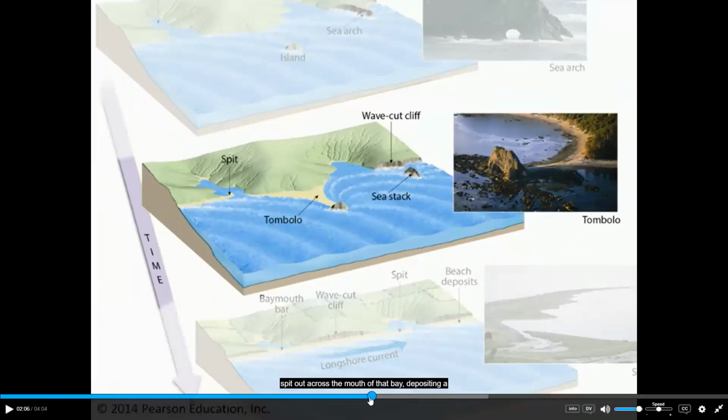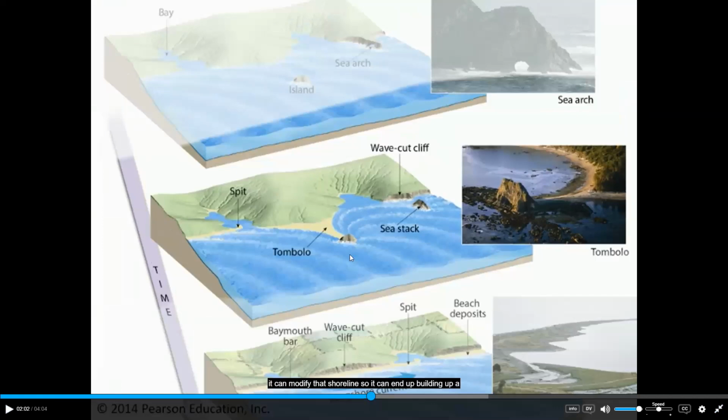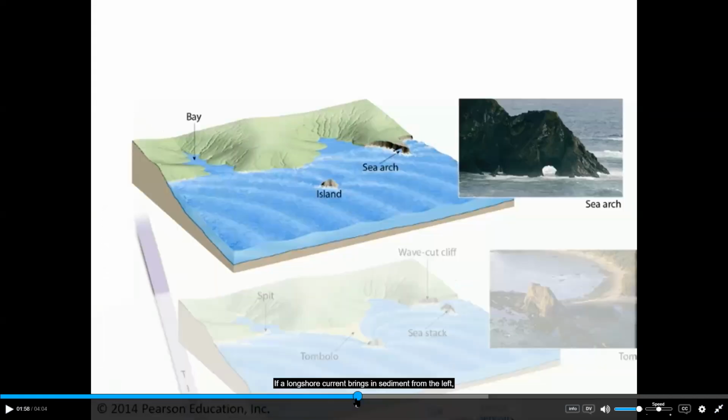So let me go back just a little bit here. The bay that you see here is where water has cut in and eroded some of the features of the shore there. Here is a sea arch that has formed.